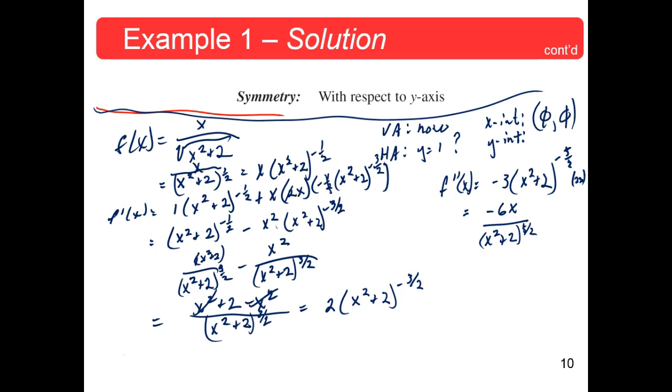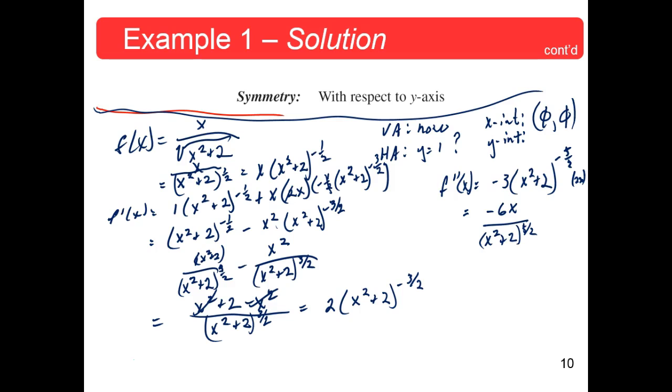And what does this tell you? What are the points we're interested in there that deal with curvature? Not critical points, but points of inflection. And where will they occur? If the second derivative is either equal to 0 or undefined.